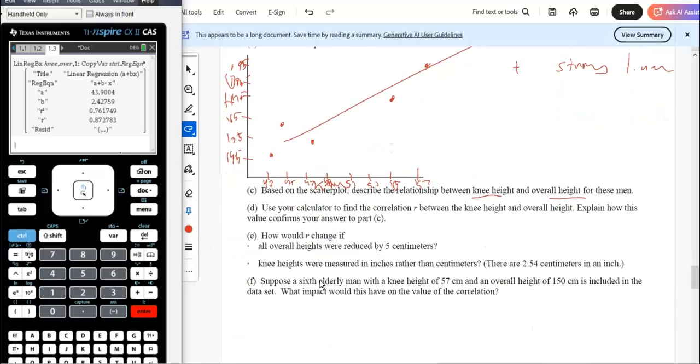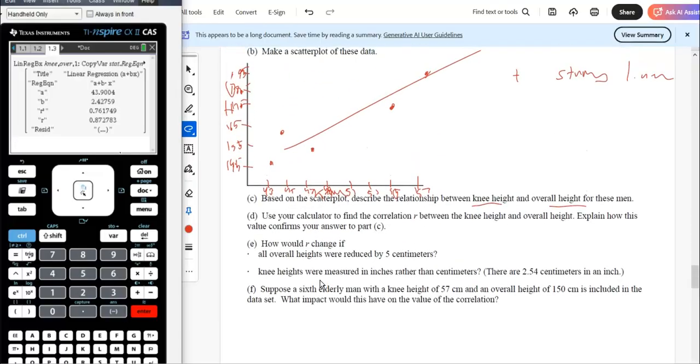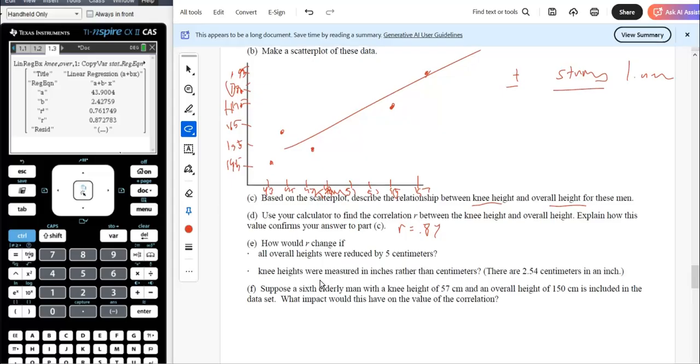What is R? So R is 0.87. So we said it was positive and strong. It doesn't say it's linear, by the way. R only tells us two things, strength and direction. And so that confirms those two things.